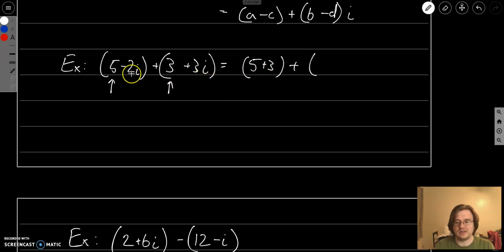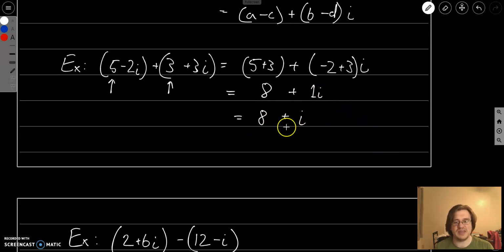Note that we have a negative 2 and a plus 3, and each of those is being multiplied by i. Then I can simplify. 5 plus 3 is 8. Negative 2 and 3 is plus 1. So I could write this as 1i, but anything times 1 is just itself, so I can simplify that to be a little bit nicer. So 8 plus i, again, real part, imaginary part.